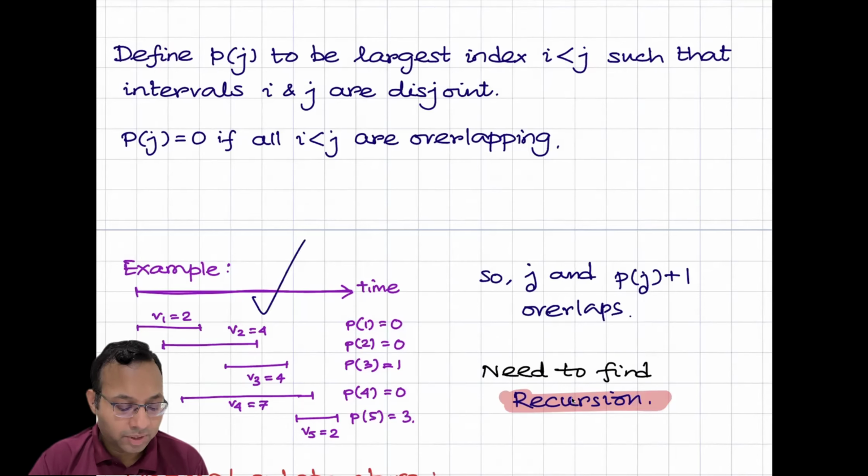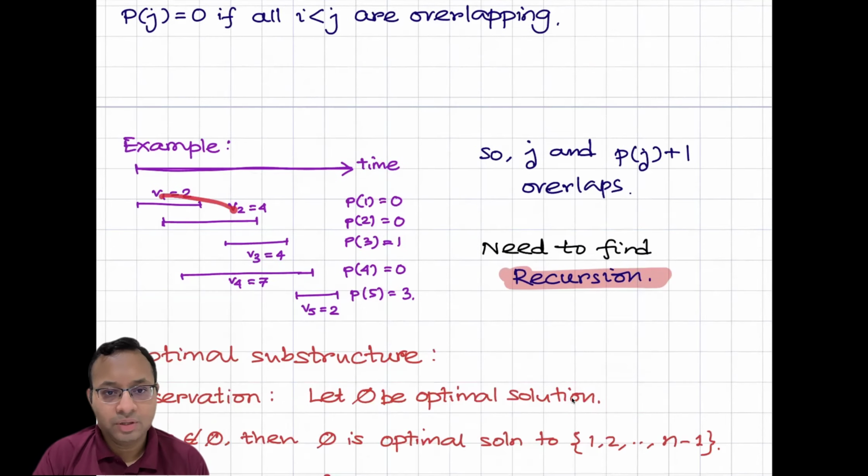So I take this example. Here we have these jobs with some values. Now we have sorted them; the numbering is sorted according to finishing time. Let's take job 5. If I take this, I cannot take this job because it's overlapping. But the third job is not overlapping. So in this case, P5 is 3.